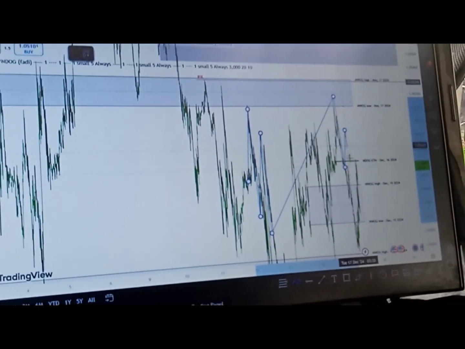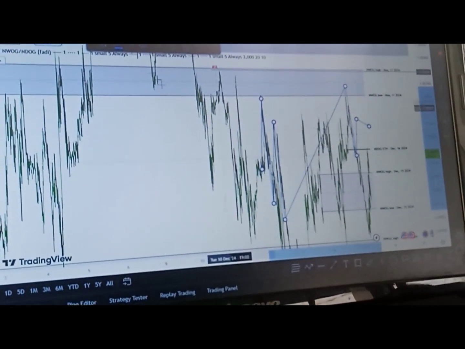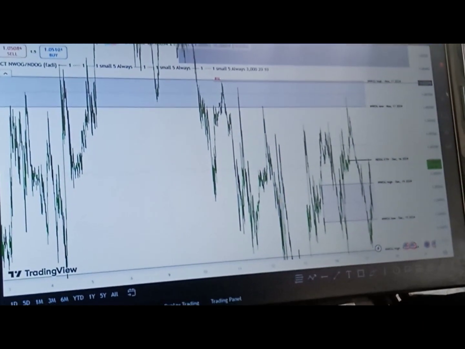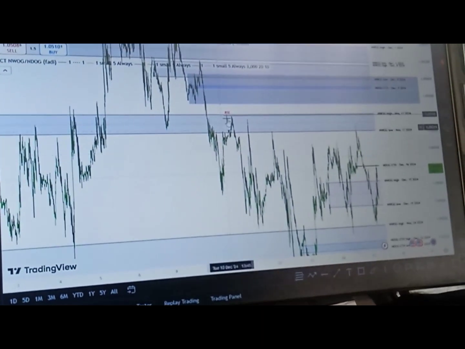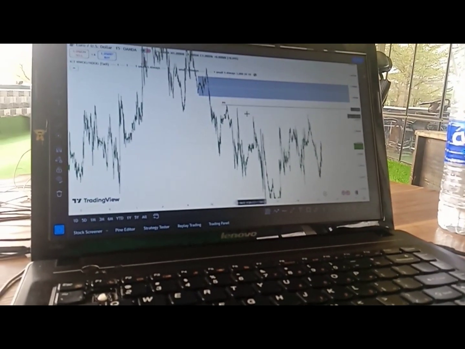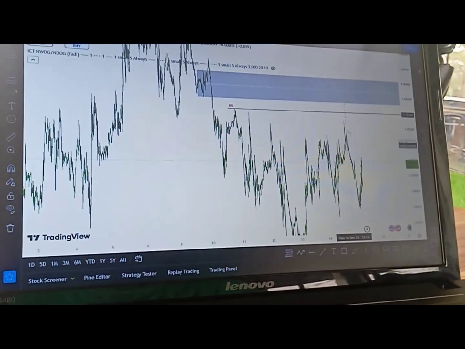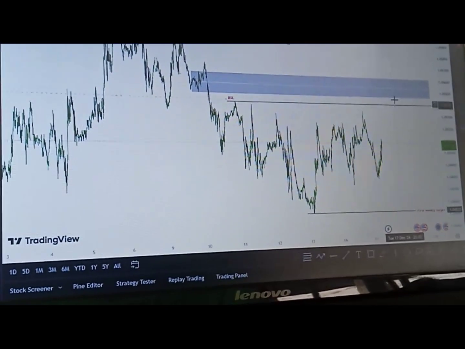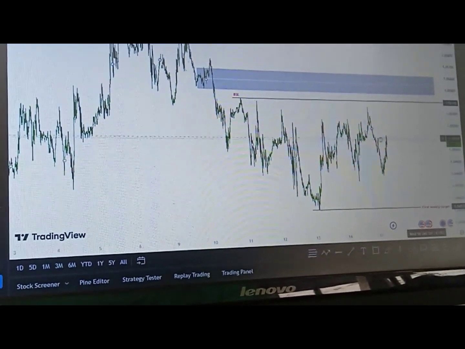And that was what happened yesterday during Asian session, but I later changed my mind because I saw these two equal highs, and so I was expecting it to take out these two equal highs today to then sell.